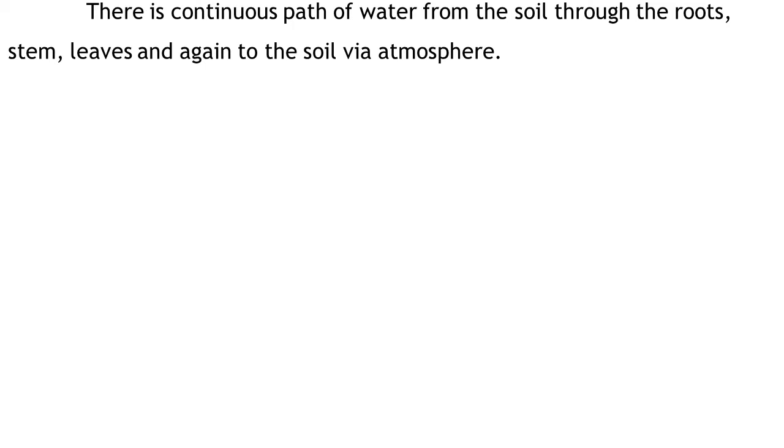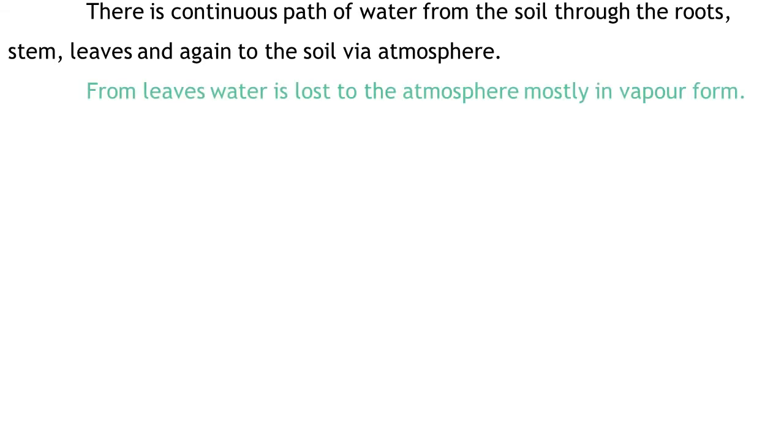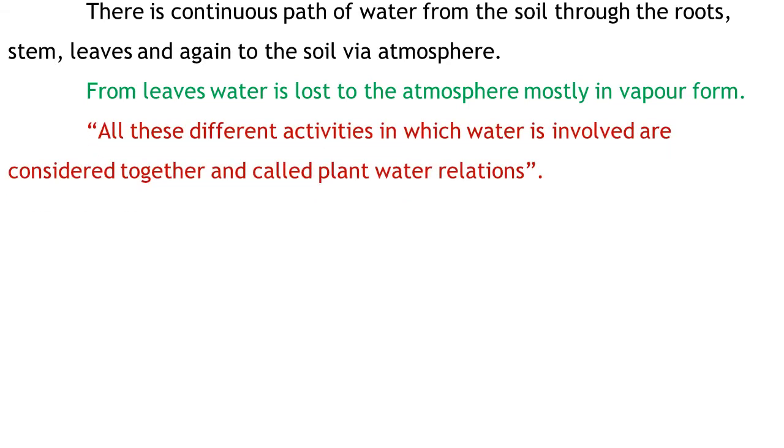There is a continuous path of water from the soil through the root, stem, leaves, and organic to the soil via atmosphere. From leaves, water is lost to the atmosphere, mostly in vapor form. All these different activities in which water is involved are considered together and called plant-water relation.